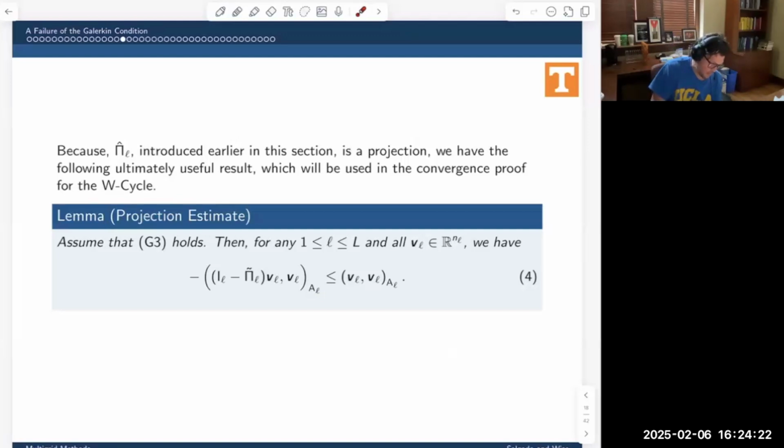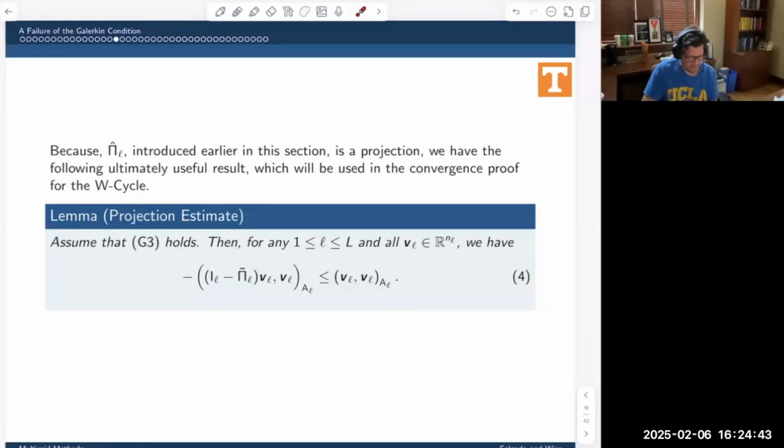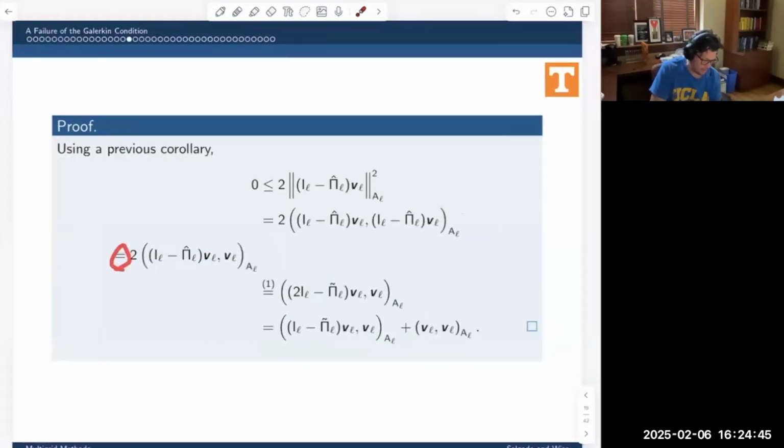This object is no longer a projection because pi L tilde is no longer a projection. However, pi L hat is a projection, as we proved earlier, and we can use that to prove this very weird estimate that we're going to need. We went through the details last time. I argued that that should be back here. That spacing issue has been corrected, or at least it should be in the slides you're looking at.